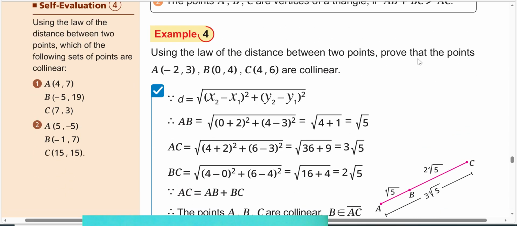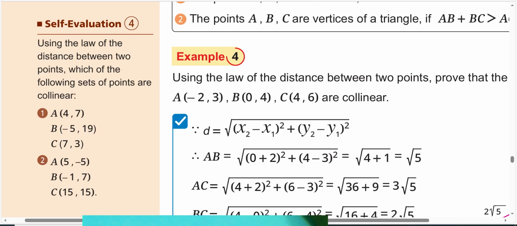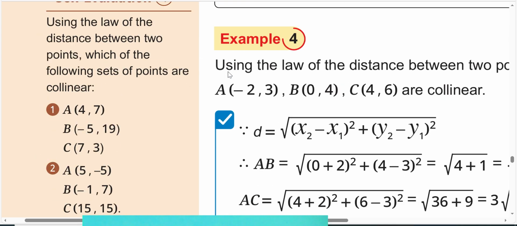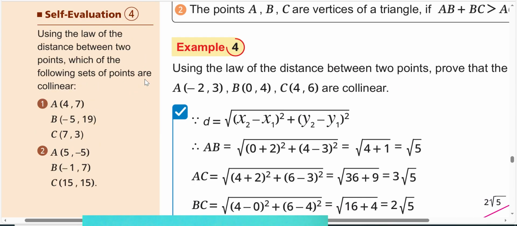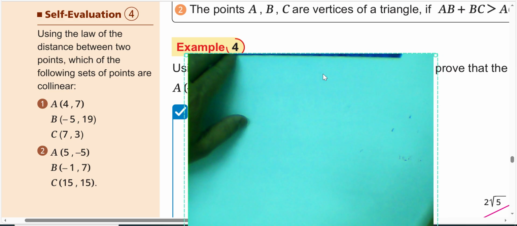Look at this question, number 4, self-evaluation. You want to find the distance between points. Which of the following sets of points are collinear? To prove that 3 points are collinear, you must find the lengths AB, BC, and CA.